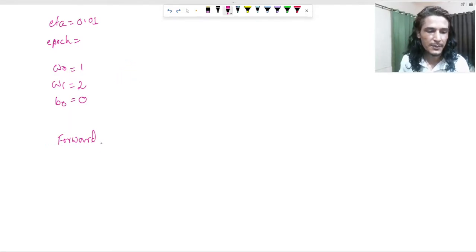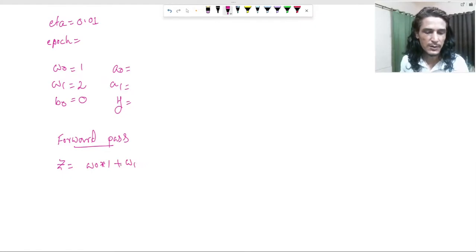Okay, in the forward pass, we have this A0, we have A1, and we have this Y also. These are inputs, we already have them. In the forward pass, we first want to compute an intermediate result. So Z is equal to W0 multiplied by A0 plus W1 multiplied by A1 plus b0.